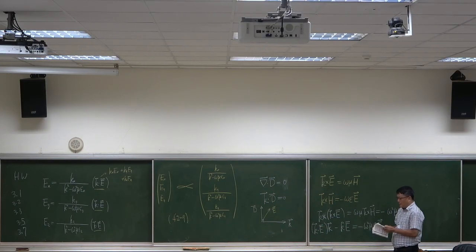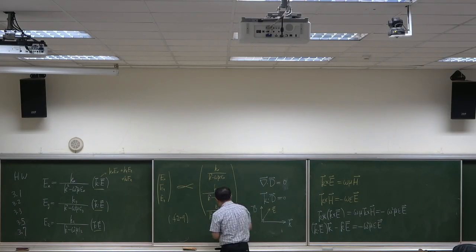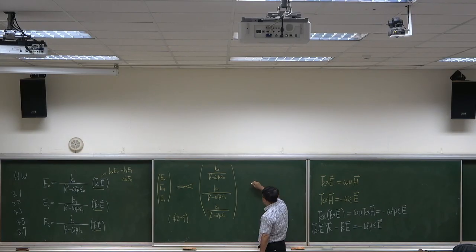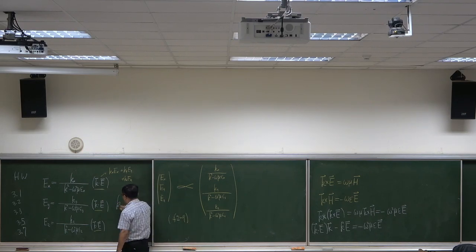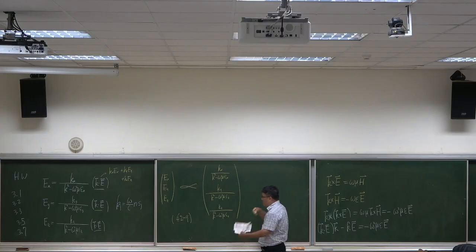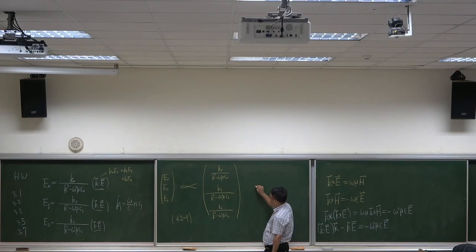And I can further simplify the expression by this. We know that kj is omega over c n times sj, where j takes 1, 2, 3 to represent x, y, z. So this is proportional to this.